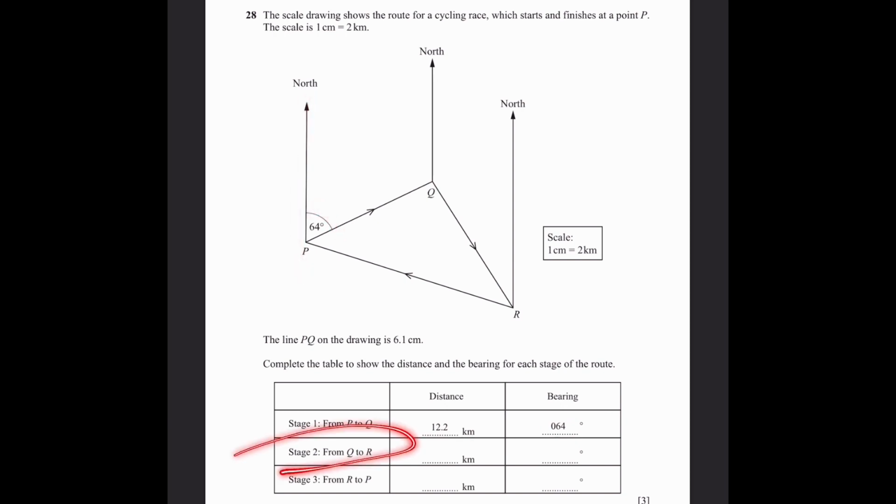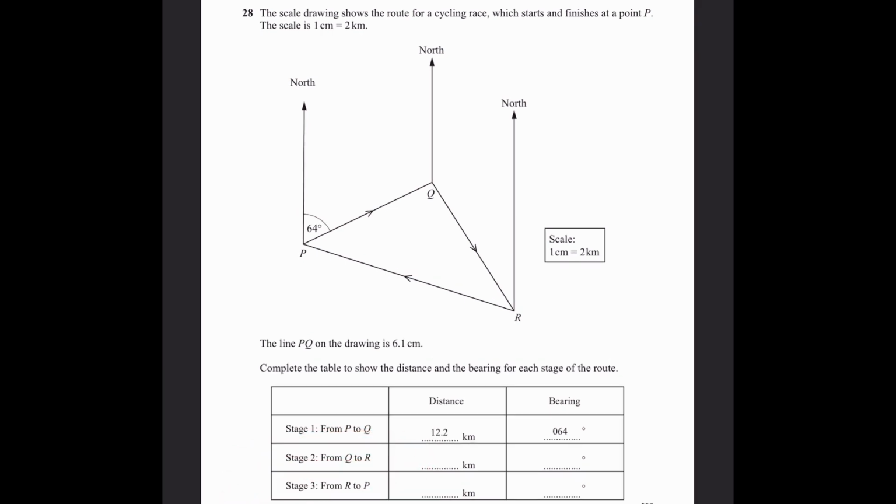Now we need to complete stage 2 and stage 3. So stage 2, from Q to R, we need to find the distance and the bearing. Same thing for stage 3. So let's do stage 2. I've actually printed out this diagram on an A4 sheet, and the length of this line QR is equal to 6.5 centimeters. But we need to see that 1 centimeter is 2 kilometers. That means 6.5 times 2, which is equal to 13 kilometers.